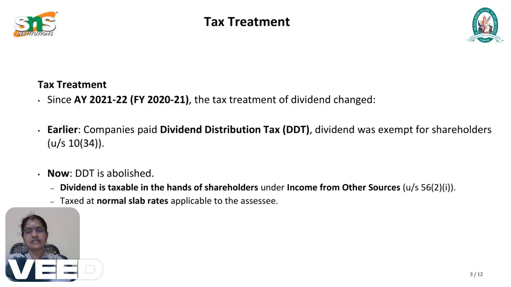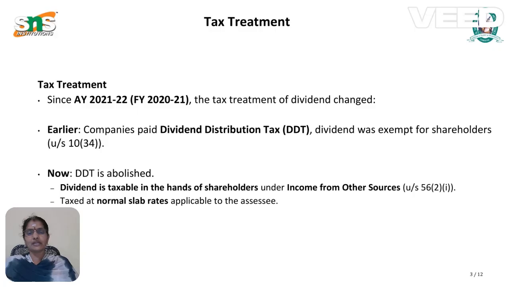Earlier, the companies paid dividend distribution tax and the dividend was exempted for shareholders. But nowadays, that dividend distribution tax is abolished. Based on that, the dividend is taxable in the hands of the shareholder when they receive the dividend amount. They have to pay the tax under income from other sources.